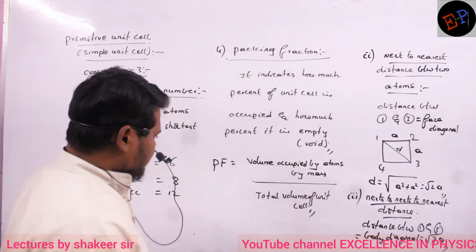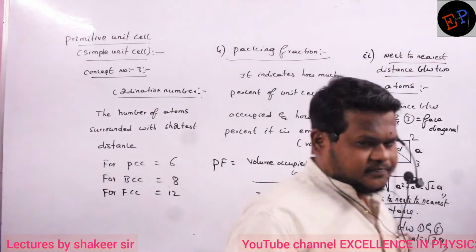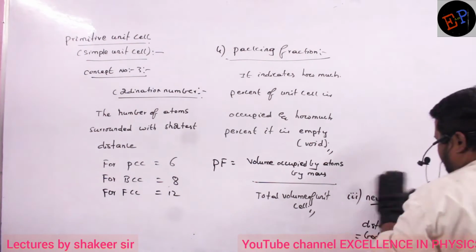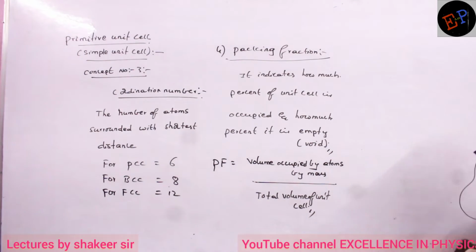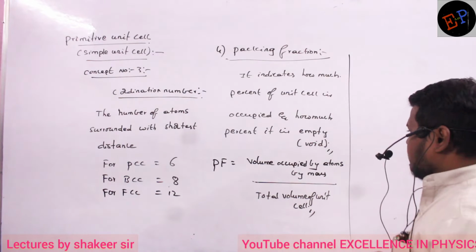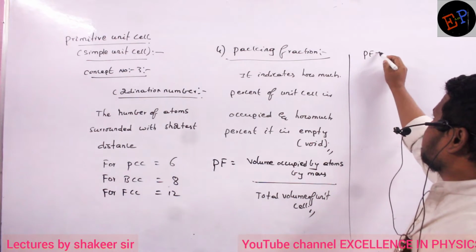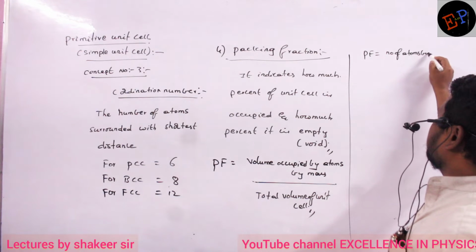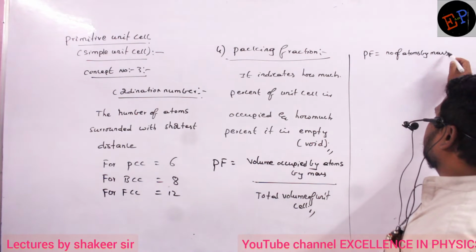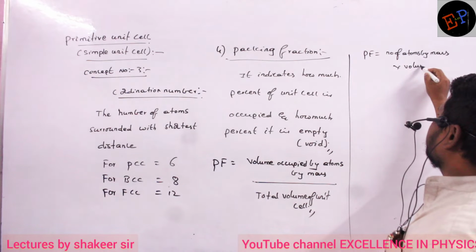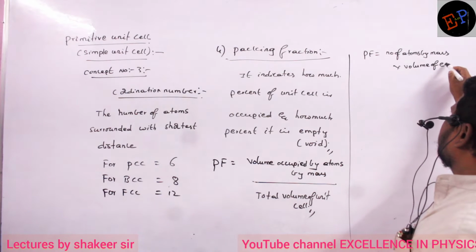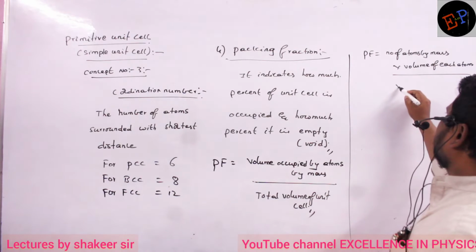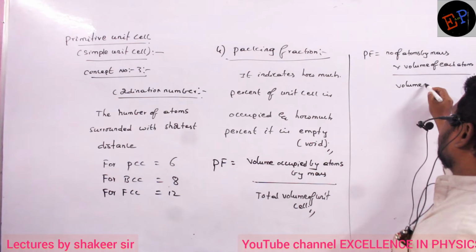The same equation I can write in other terms. Packing fraction is equal to the number of atoms, multiplied by the volume of each atom, divided by the volume of the unit cell.